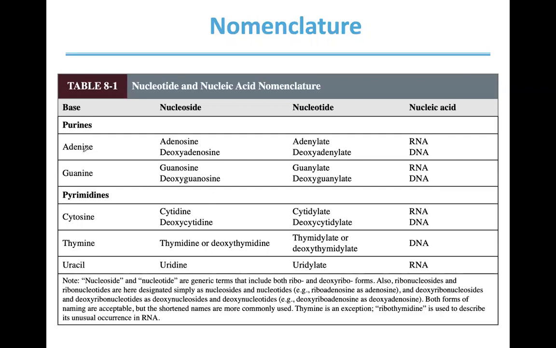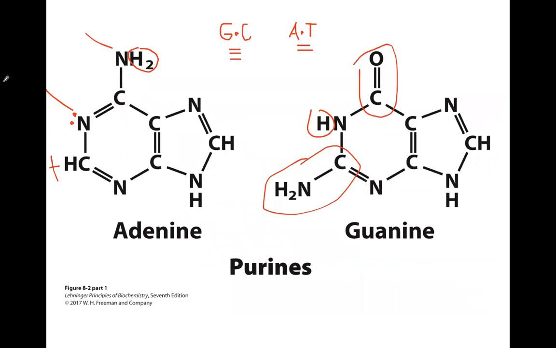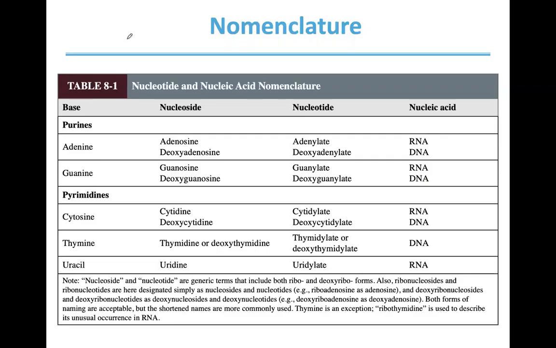So adenine is the nitrogenous base shown here, a purine, with 2 hydrogen bonds. As part of a nucleoside, with just the base and the ribose, adenine becomes adenosine. If the ribose is deoxyribose, then it's deoxyadenosine. Now you add a phosphate, and this becomes adenylate or deoxyadenylate. Adenylate is part of RNA, deoxyadenylate is part of DNA.